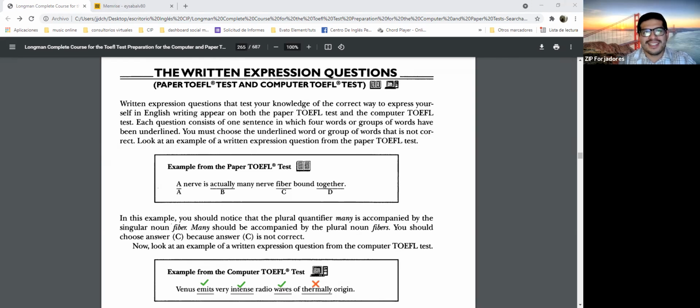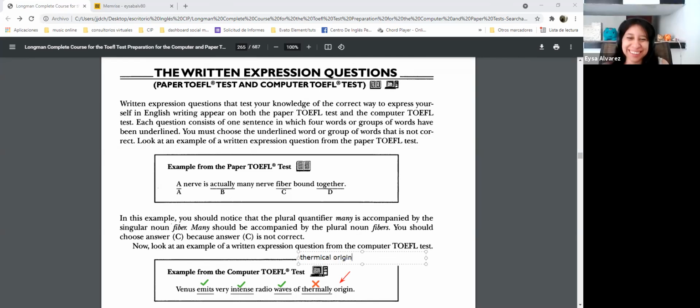Why? Because thermally is an adverb, and remember, an adverb can only modify actions, other adverbs and adjectives, but not nouns. And origin is a noun. So the correct one would be thermical, that is the adjective, that's the origin word.